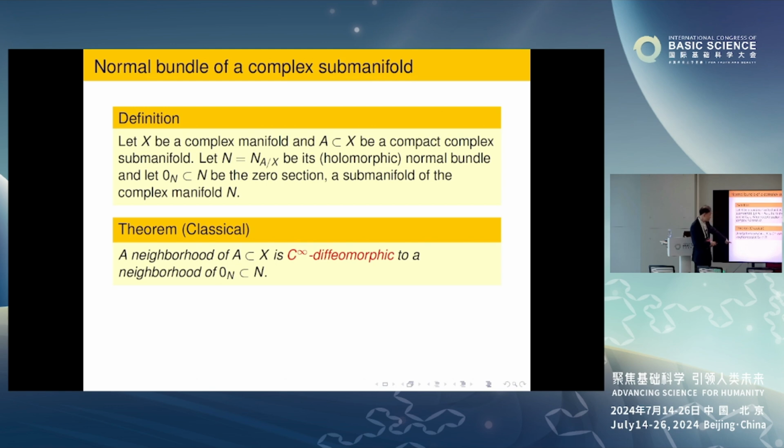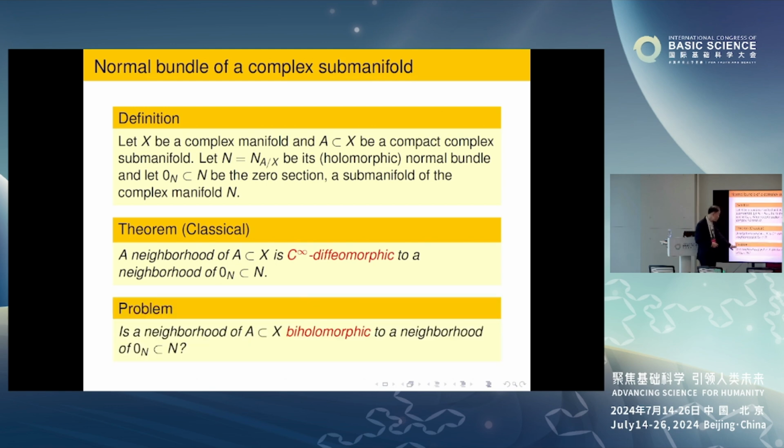And the main question we have is whether we can choose such a neighborhood which is not just C infinity diffeomorphic, but biholomorphic to the neighborhood of the zero section. That is the question. And it turns out that it is completely different from the diffeomorphic case. So the answer is usually no. It's very rarely that you have biholomorphic equivalence. Only in the exceptional case you have biholomorphic equivalence.